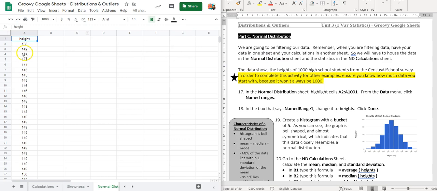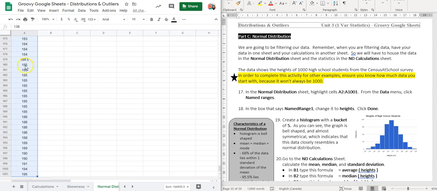In this activity, we are looking at the heights of 1,000 high school students from the Census at School survey. In order to complete this activity for other examples, make sure you know how much data you start with, because it won't always be 1,000. Now, in the normal distribution sheet, highlight cells A2 to A1001, and we're going to name that range because we're going to be doing a lot of calculating there.